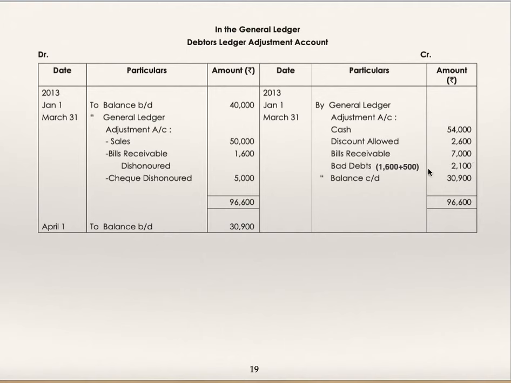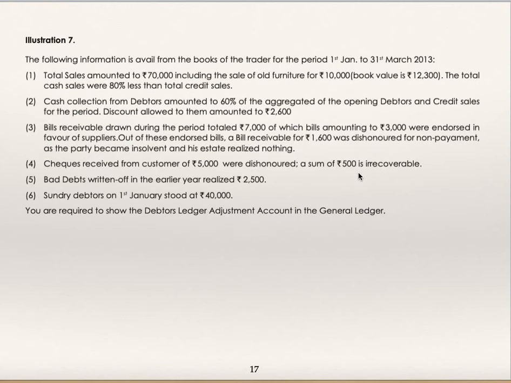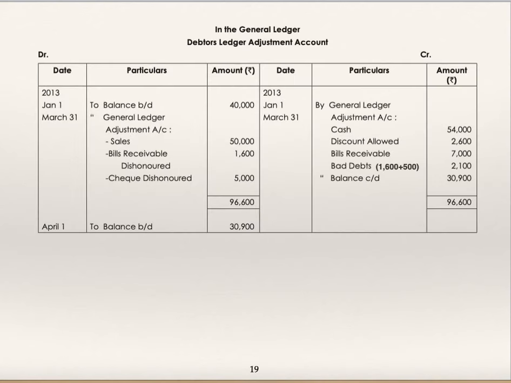Bad debts 1,600 plus 500. 500 is irrecoverable and 1,600: endorsed bill dishonored for non-payment, and as the party became insolvent, estate realized nothing. So this 1,600 again is bad debts. So 1,600 plus 500 are total bad debts.